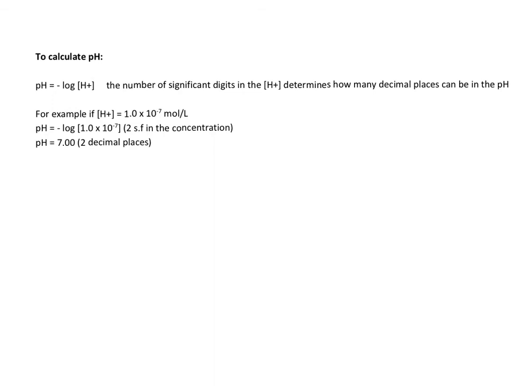So for some of you, if I want to find the pH of a solution that has a concentration of 1 times 10 to the negative 3, you type in negative log and then 1.0 exp or EE or times 10 to the negative 3. And that will give you your answer.